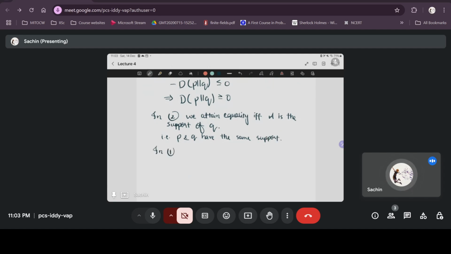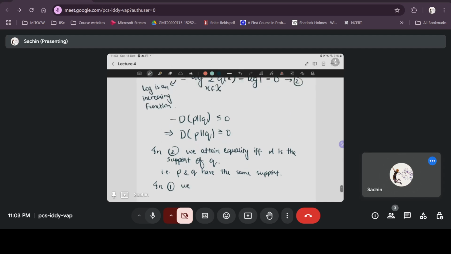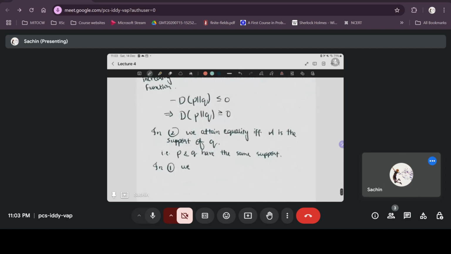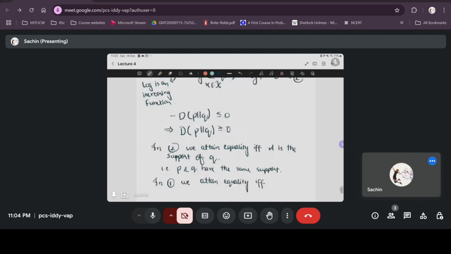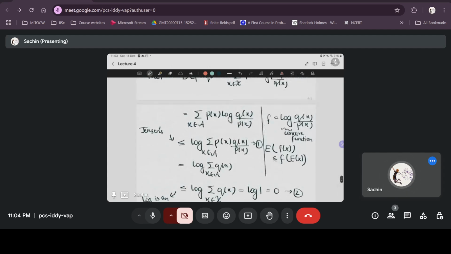In the first inequality, we attain equality if and only if... what is the condition necessary for the first inequality? So Jensen's inequality.